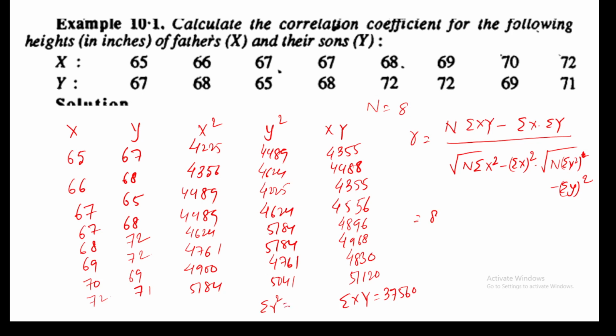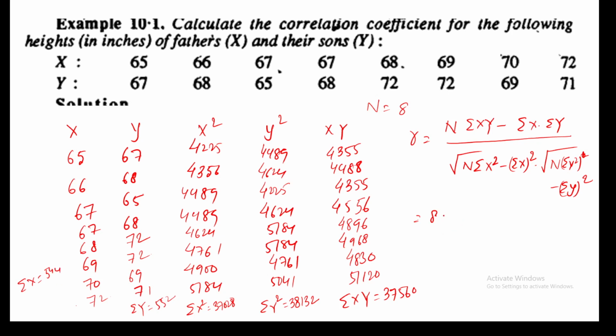No one is doing. Summation of xy is 38132, sigma y will be 552, and sigma x we have 544.